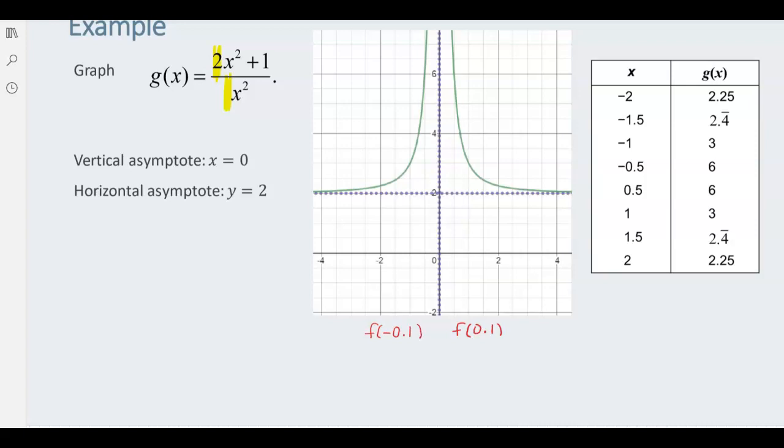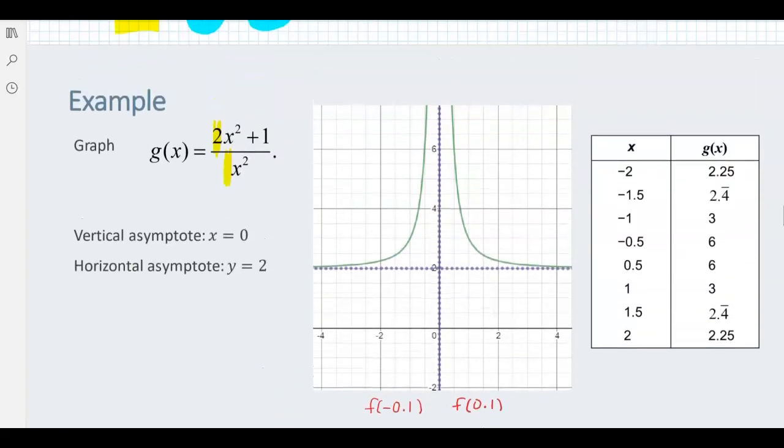If I plug those in and see what the output values are, because everything is squared, I'm going to end up getting a positive output value, and here I'll also end up getting a positive output value. Because those are positive, that tells me that the graph is moving up, and then I know that this is what's happening with this part of the graph. And then over here, it's going to approach this horizontal asymptote.